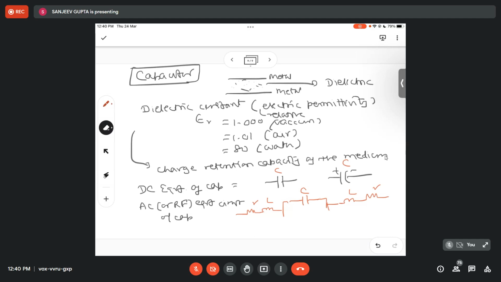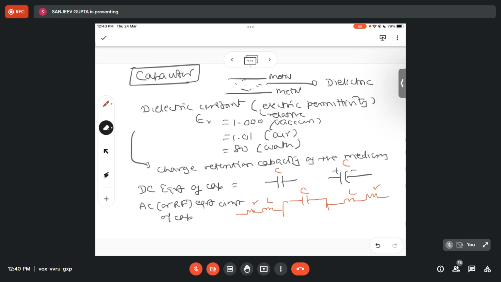Now, in the capacitor there is a dielectric, and the dielectric is neither a perfect conductor nor a perfect insulator.